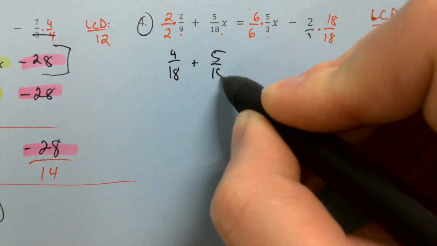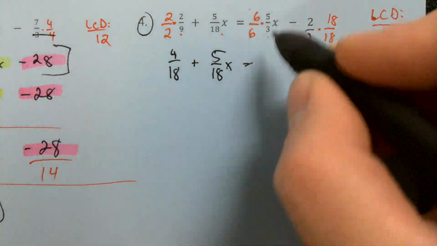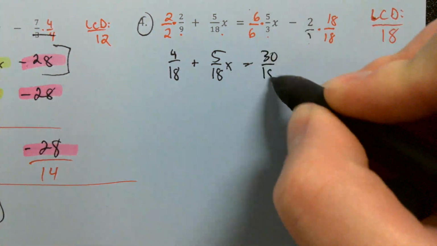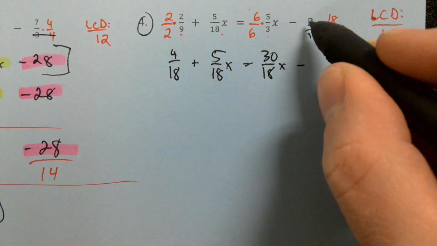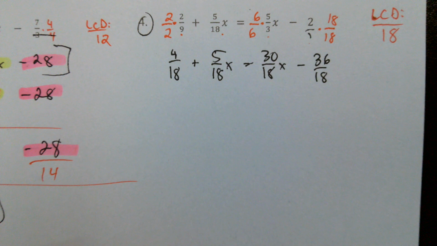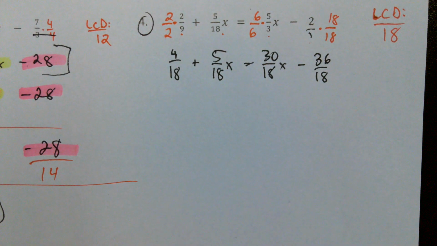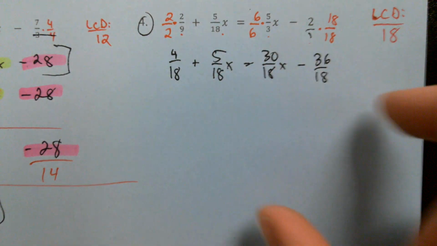I've got 5 over 18x. 6 times 5 is 30 over 18x. And 2 times 18 is 36 over 18. So we completely multiply across. These are the fractions that we get.